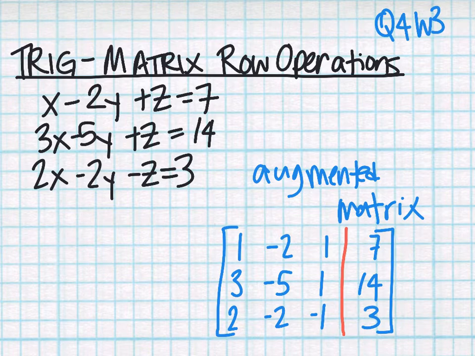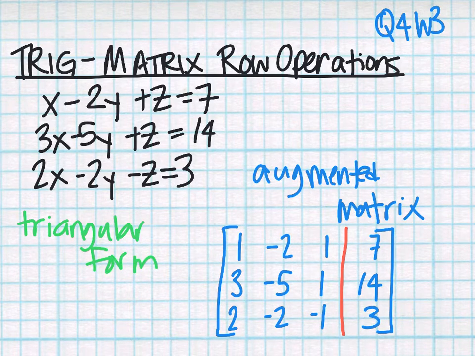We talked last week about triangular form. For a system of equations, we have an equivalent version for a matrix, and that's called row echelon form.